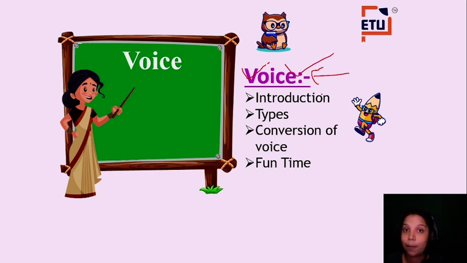So first we'll make sure that all the past chapters are covered clearly and in a fun way. Thereafter, this chapter voice is a very good chapter. You will learn how the way I am talking will be converted to you by someone else. Getting confused, right? Must wait for that session, and I'm sure you'll be having fun.